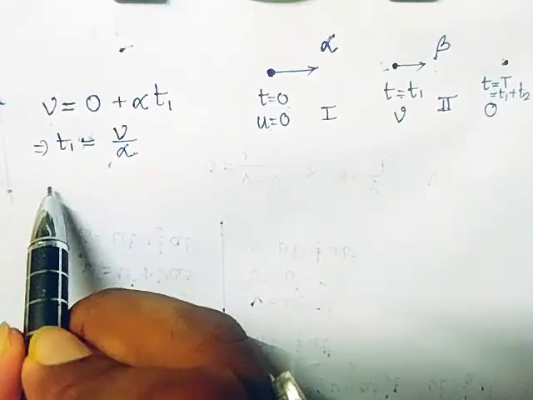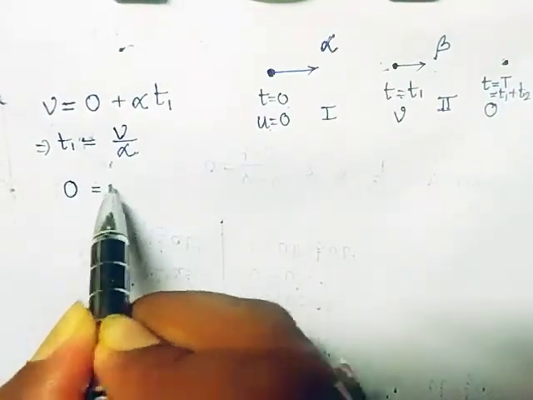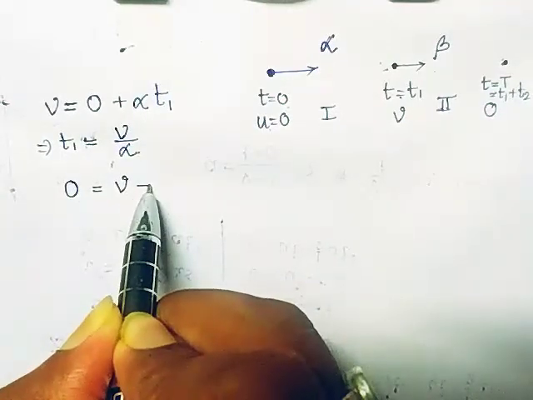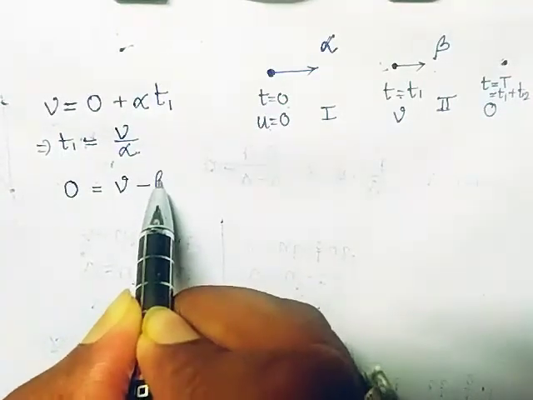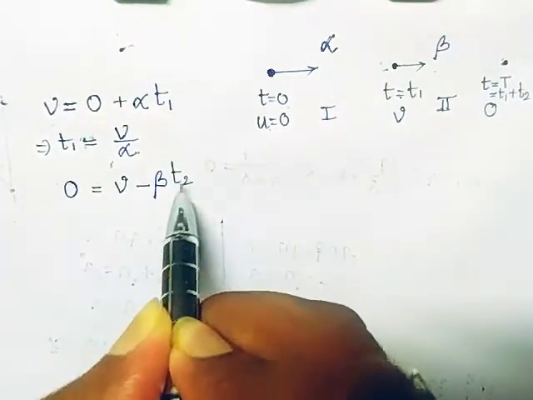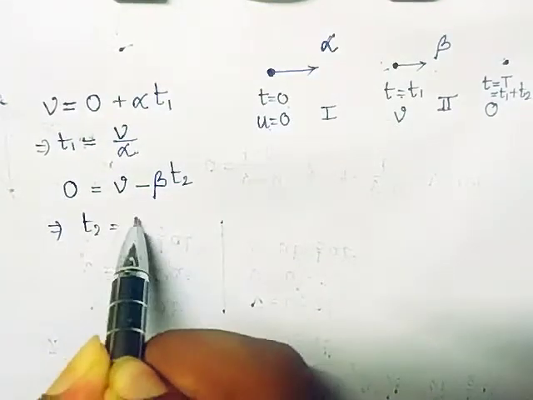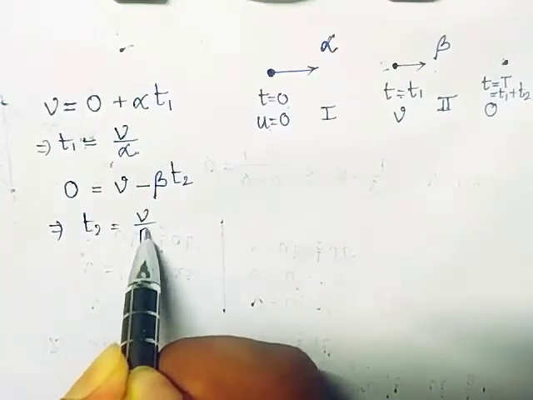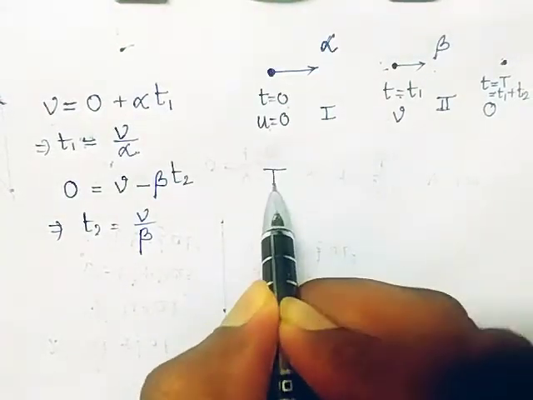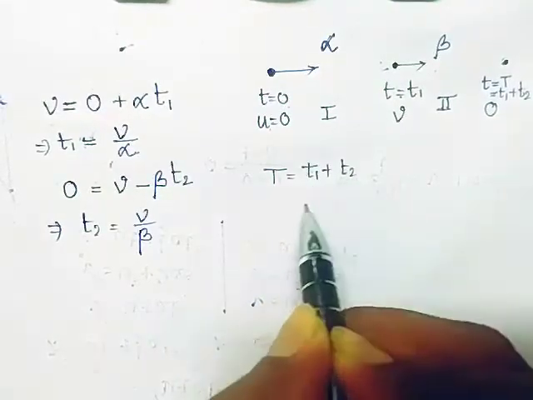So if I write down this, then we can say 0, final velocity, equal to the initial velocity minus, because of retardation, the value of retardation is beta, and the time taken by it is T2. So from it we can say T2 equal to V divided by beta. So the total time, capital T equal to T1 plus T2.